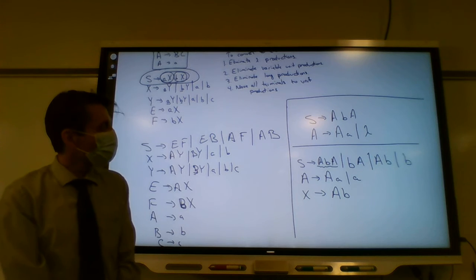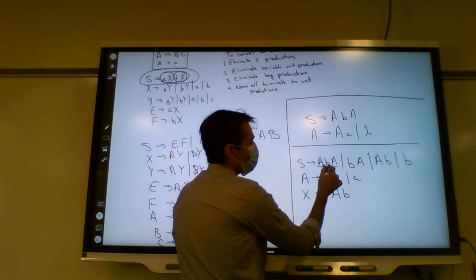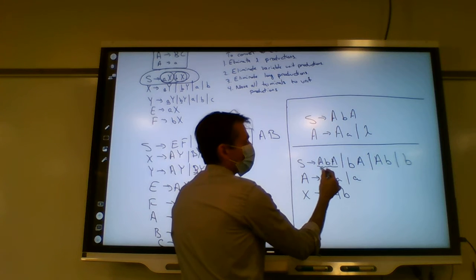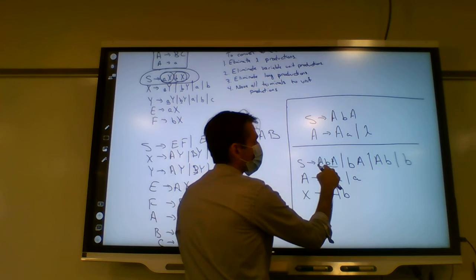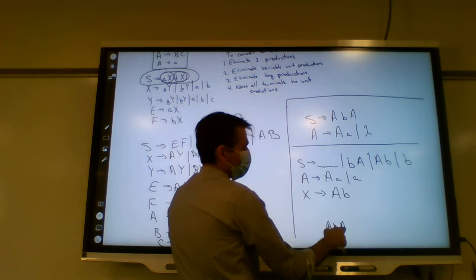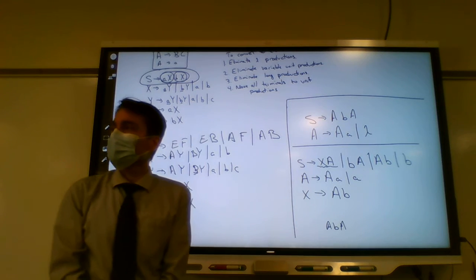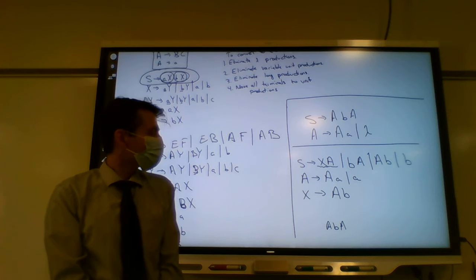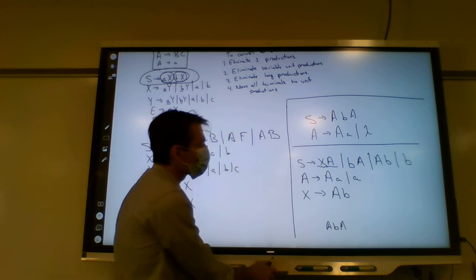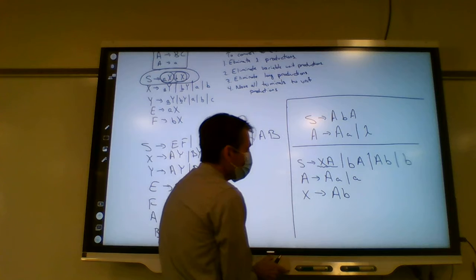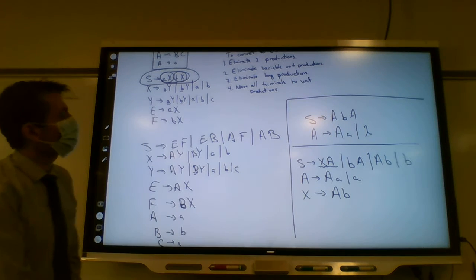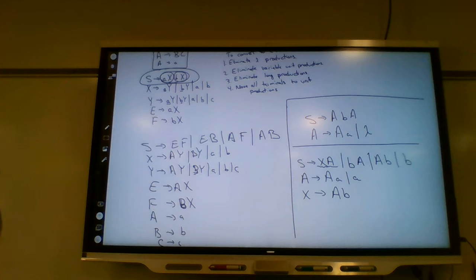But if we let x be AB, what happens here? This becomes XA. Okay, so we've eliminated, and that's the only long production that we have, so we've eliminated that.